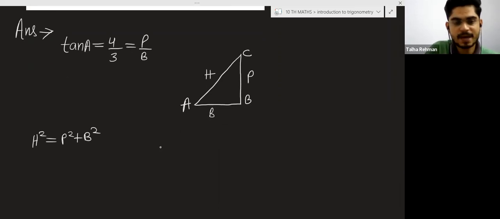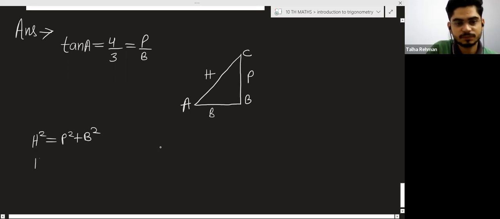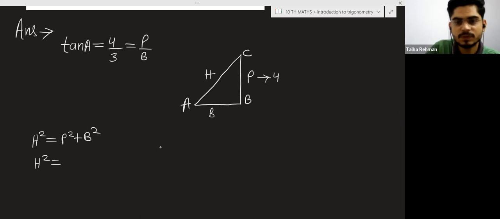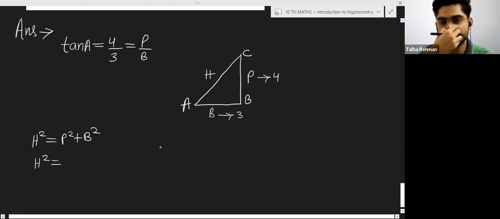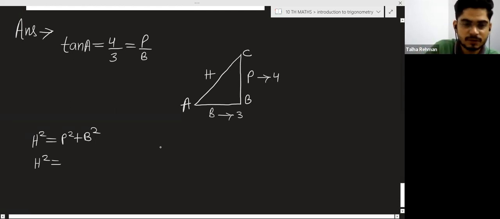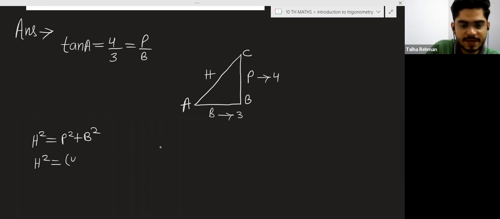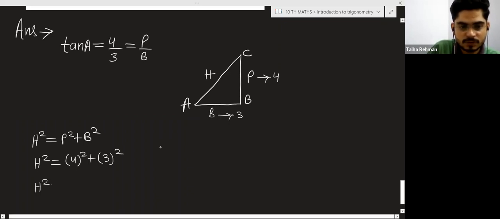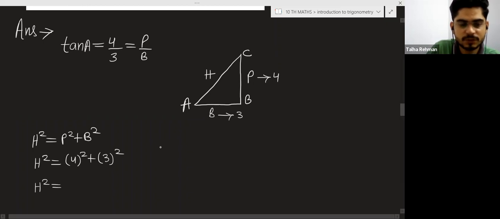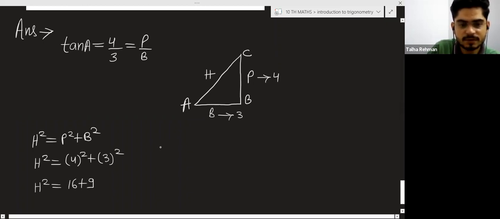Now, hypotenuse square, and perpendicular is given as 4 and base is given as 3. So perpendicular square means 4 square and this will become 3 square. 4 4 is 16. 3 3 is 9.